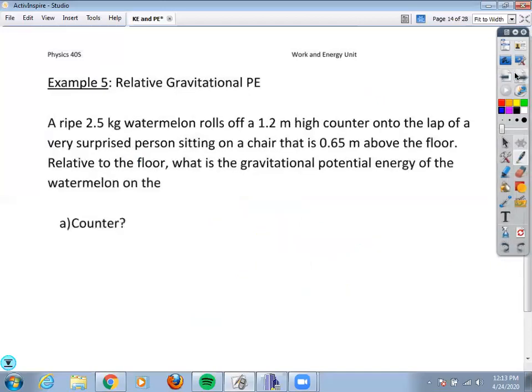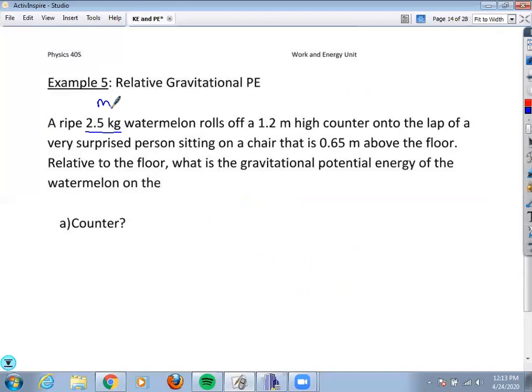Calculating relative gravitational energy. A watermelon of mass 2.5 kilograms rolls off a countertop that's 1.2 meters high onto the lap of a person that's 0.65 meters above the floor. What is the gravitational potential energy on the counter and on the lap of the surprised person?